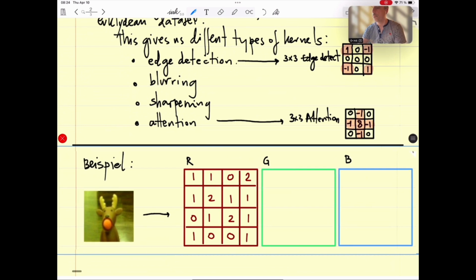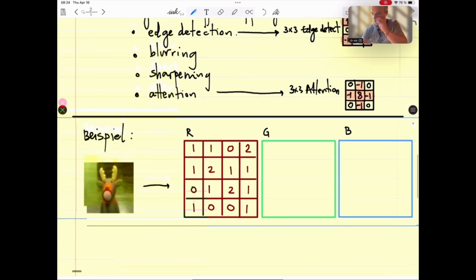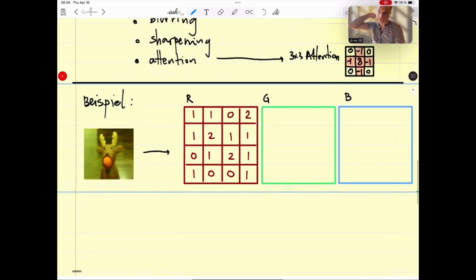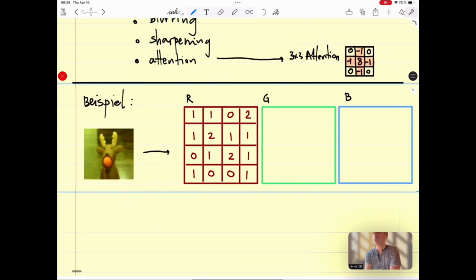We take the image and we take 3 channels, one red, one green, and one blue. Of course, these numbers are not the pixel numbers in the original image. We take 4 by 4 pixels in the 3 channels.